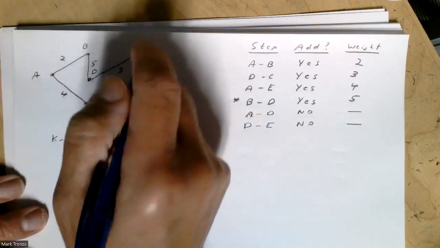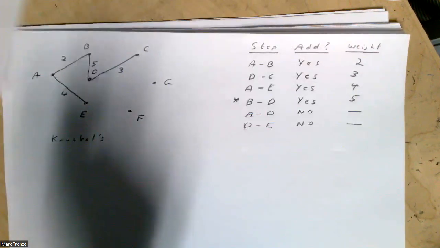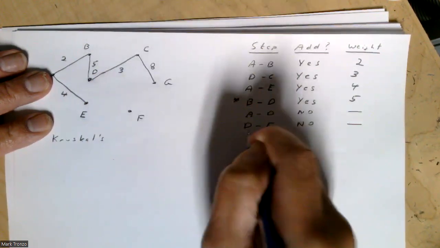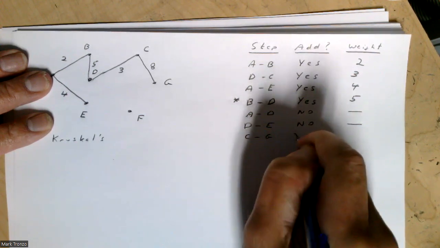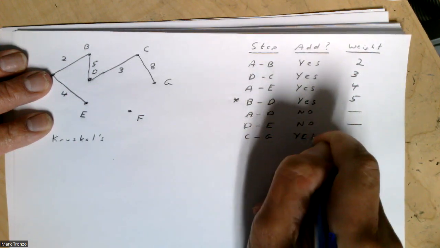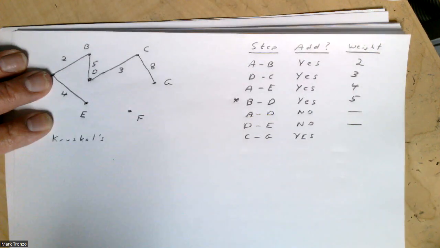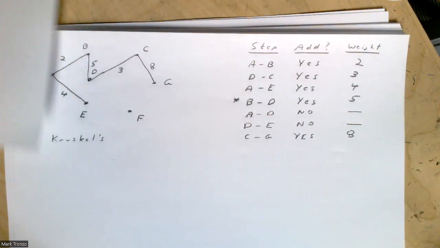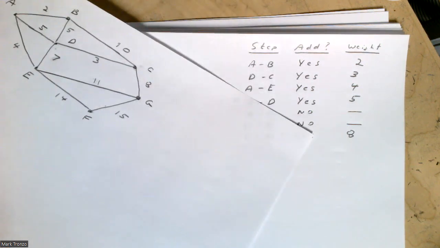Looks like CG. CG was 8. And that was an 8.